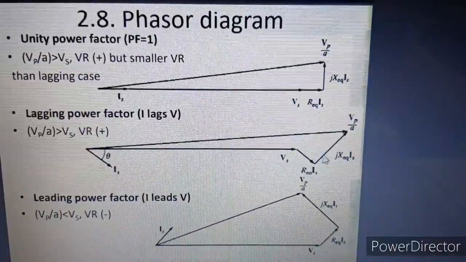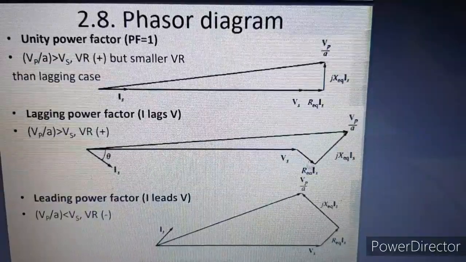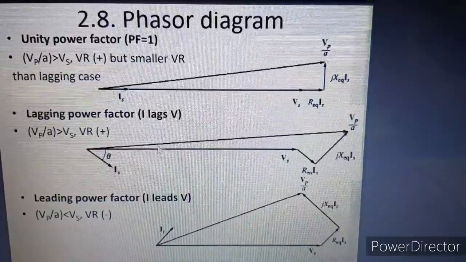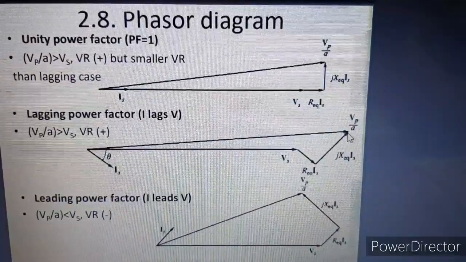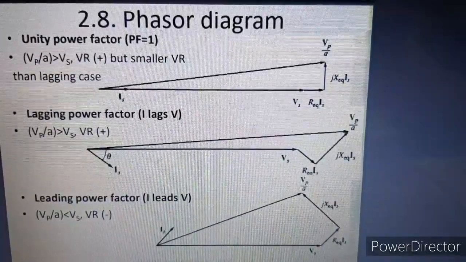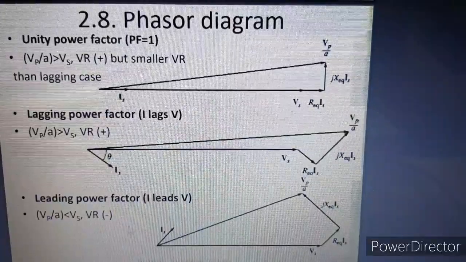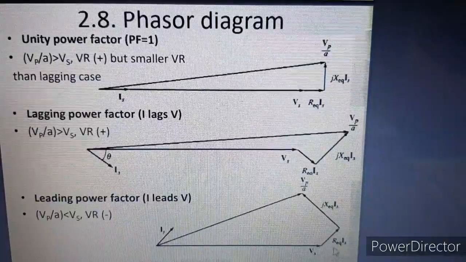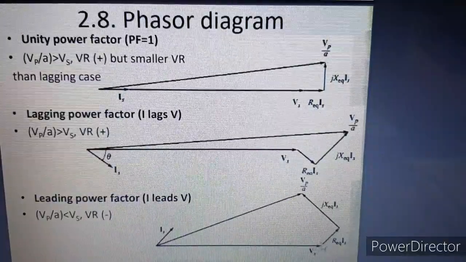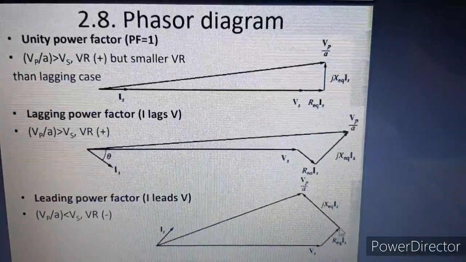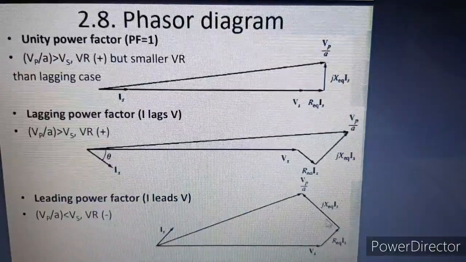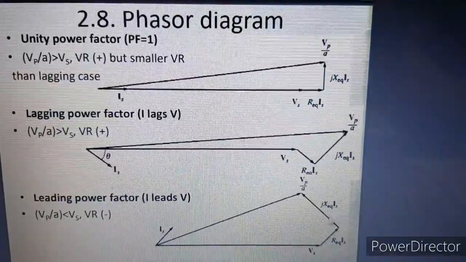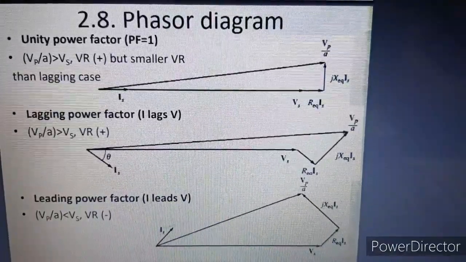This is 90 degrees perpendicular to R equivalent Is, and it goes upward because it's positive. So there you go, you have your Vp over a. Last one, leading. This is the second term, so find a phasor at 90 degrees to it. It's going that way. This is 90 degrees, so there you have your Vp over a.